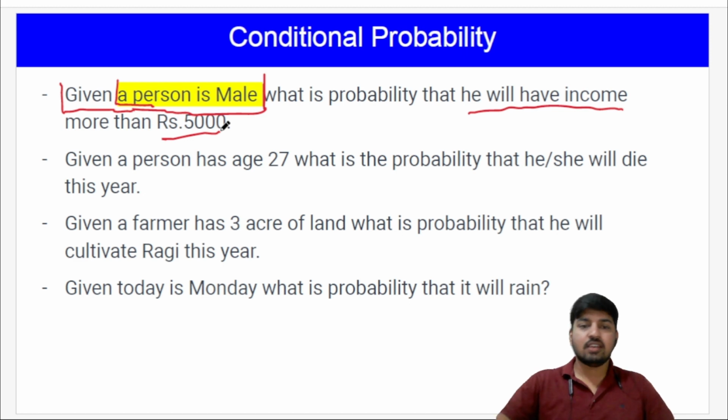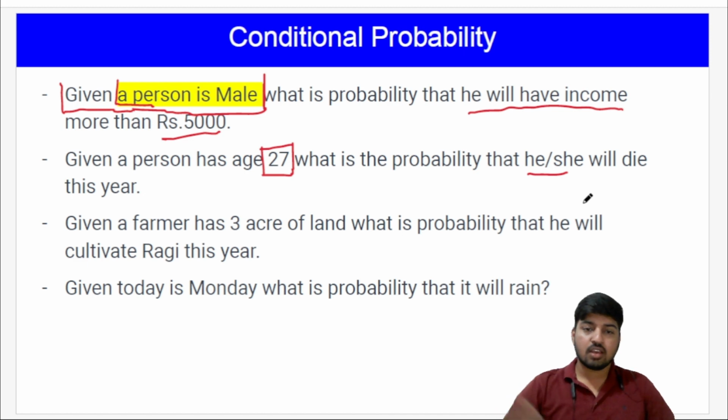You can have a range also; for the problem's sake I have given a single age. So what is the mortality rate in a particular area for age 27, or what is the rate that he or she will die? Because based on that you will calculate your premium.